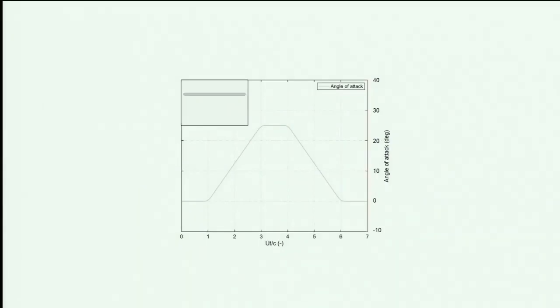However, when we have large angle of attack variation, in this case we have a flat plate, we pitch it around its leading edge to 25 degrees, keep it constant for a while and pitch back. In this case, the angle of attack is large enough to have separation.